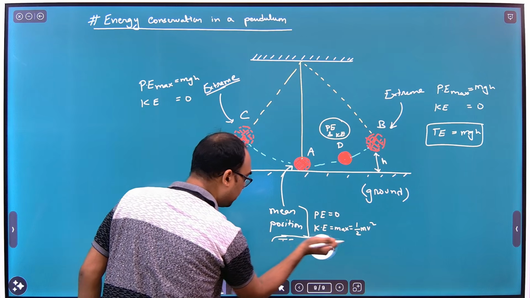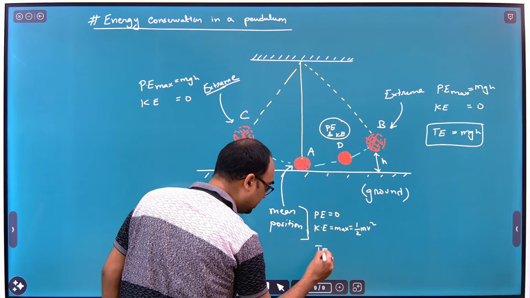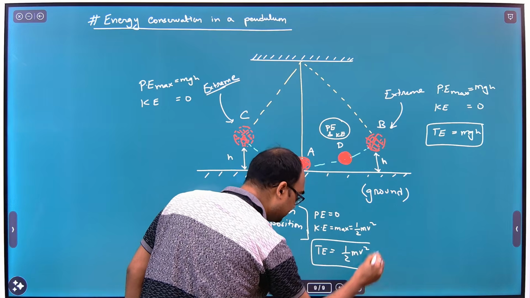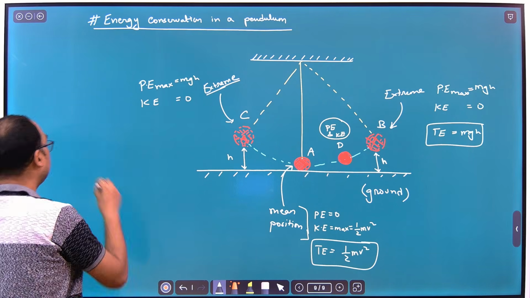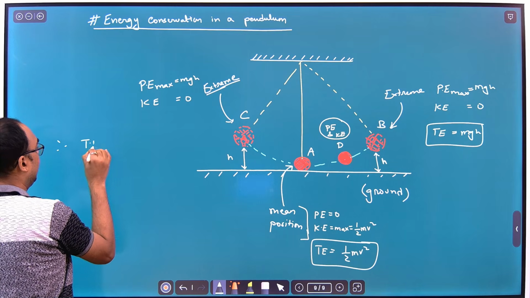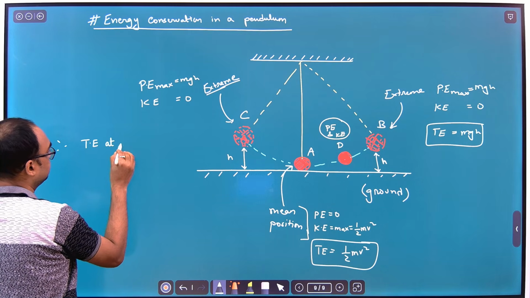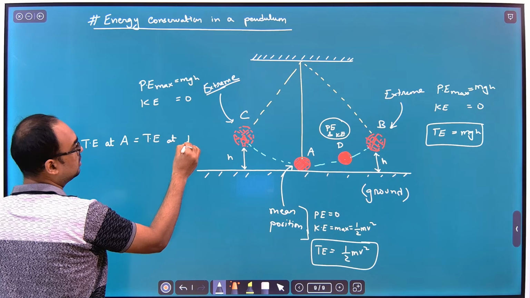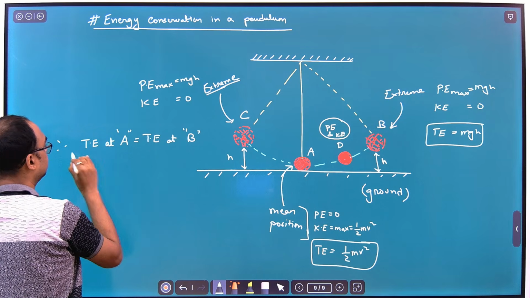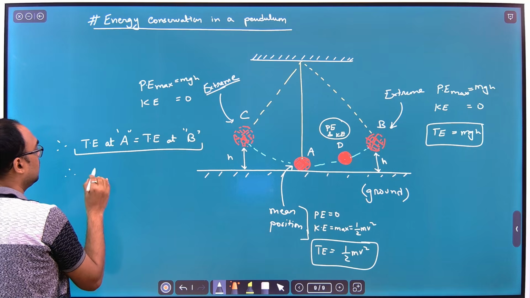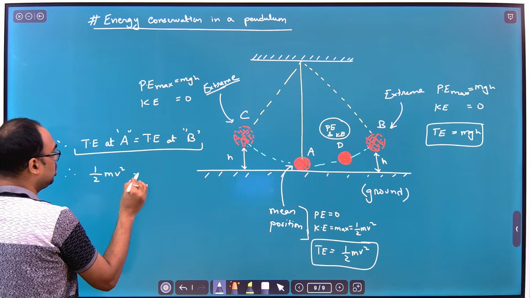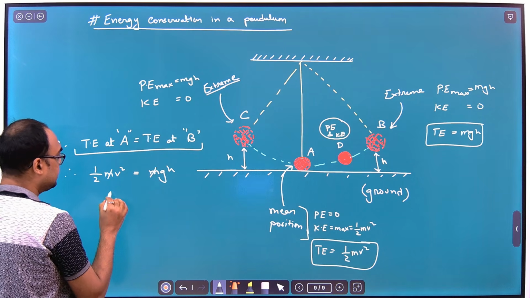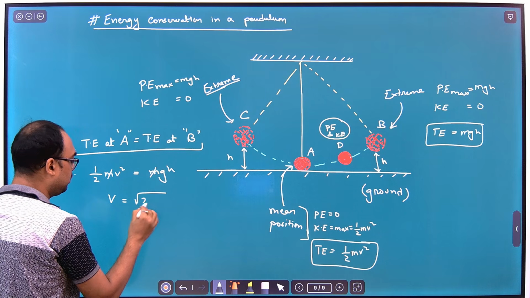Let me write it down more clearly. Total energy at A should be equal to total energy at B. Therefore, half mv square should be equal to mgh. Cancelling out m from both sides, you have v equals root over 2gh.